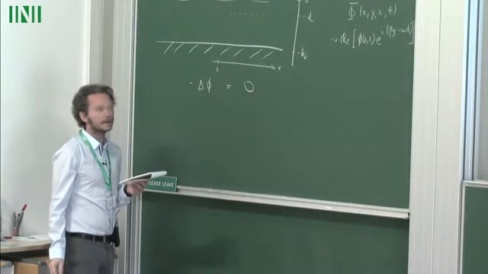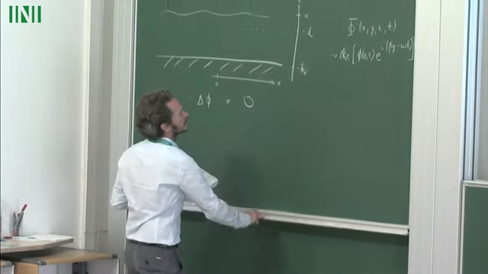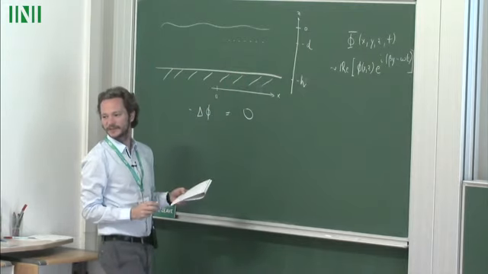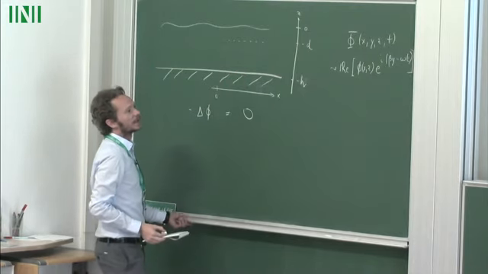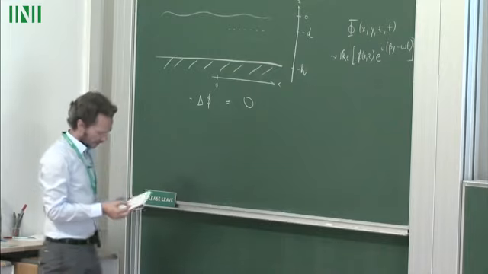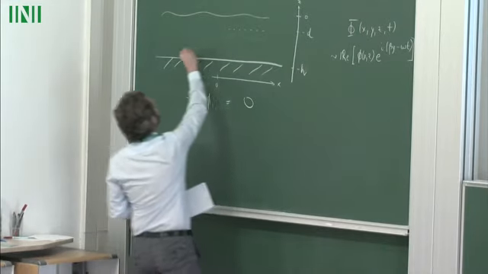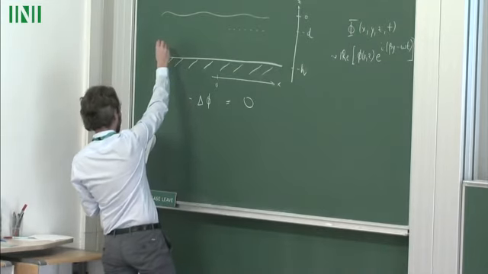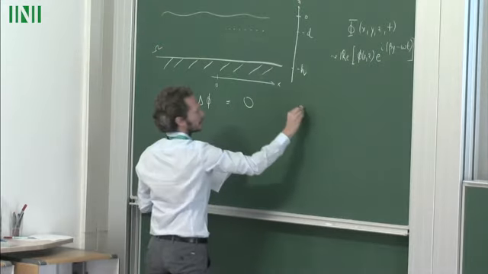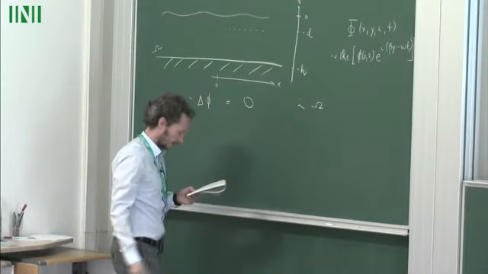What is y? Oh, sorry, y is the coordinate into the board. Yeah, good question. Sorry about that. You're right. So I have that, and I call my water domain omega. So this is in omega.